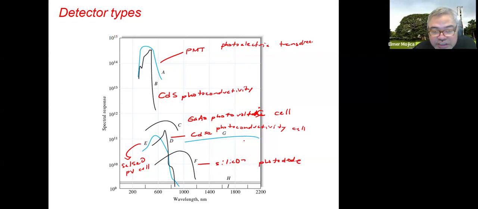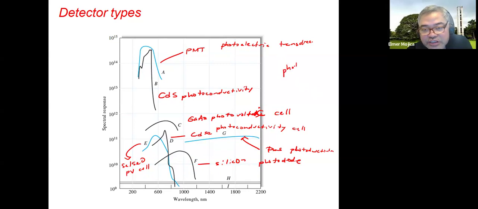And G here is your lead sulfide photoconductivity cell. Now, these are your photoelectric transducers or photon transducers.